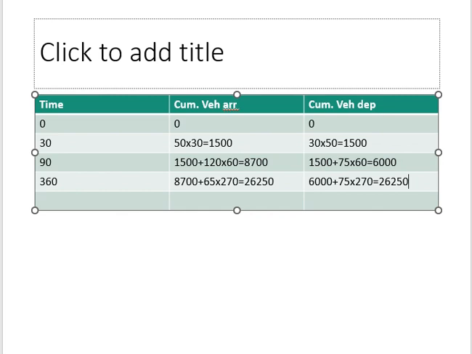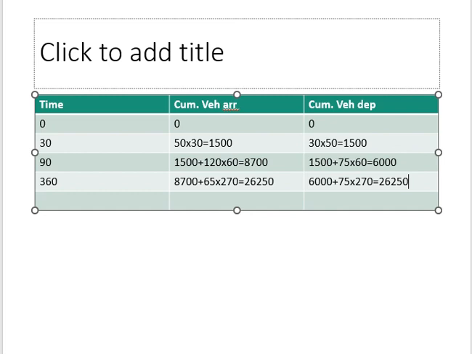What other time were they equal? At 30, because it was the same. There was no queue. So whenever the queue is gone, whether it's a previous queue or it has not started yet, they are equal. The queue has not started yet at 30, so they are equal. Then the queue started, but at time 360 the queue is gone, so again they become equal. Whenever you get rid of the queue, these two columns will become equal.